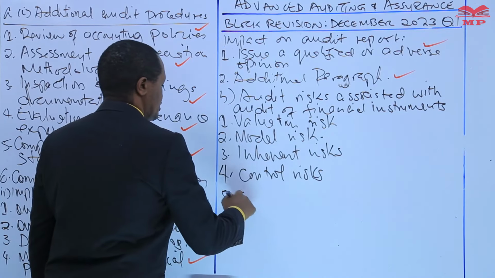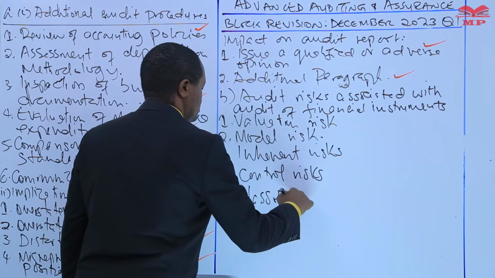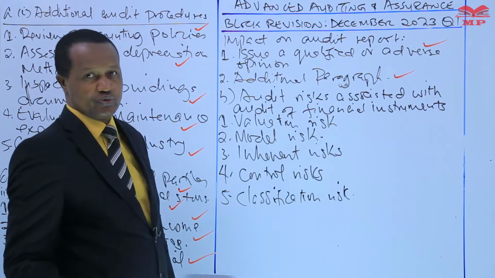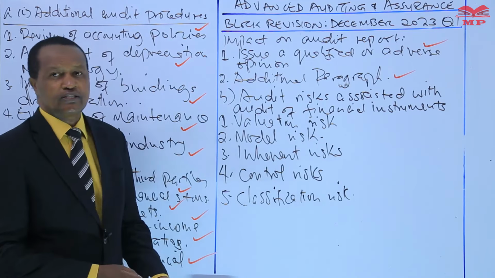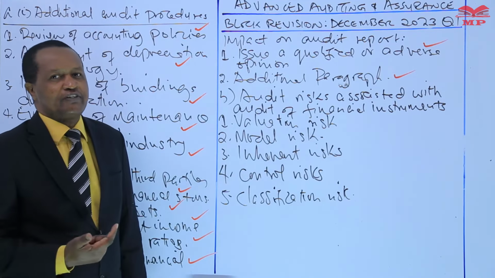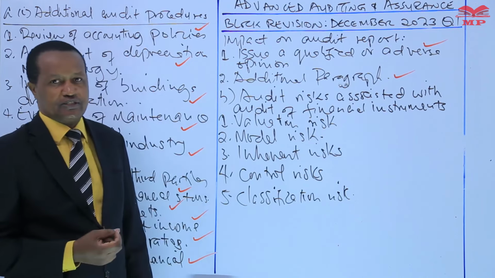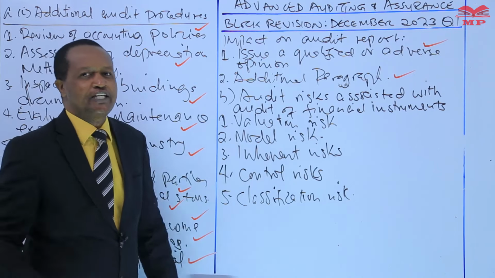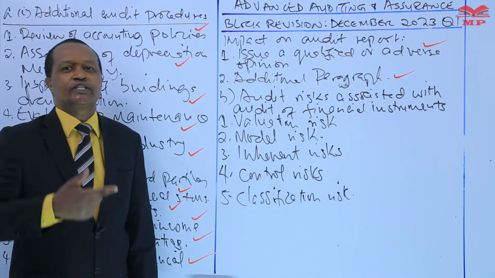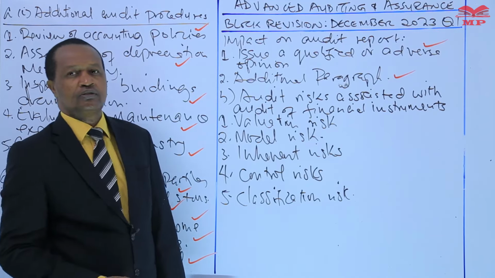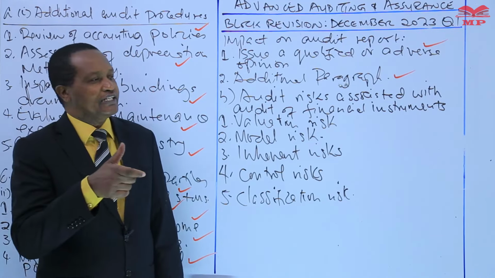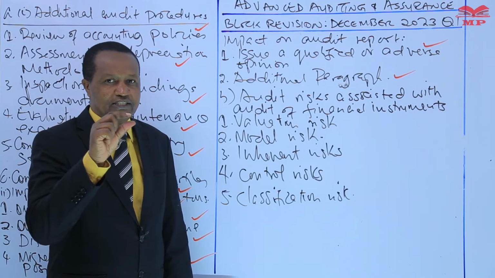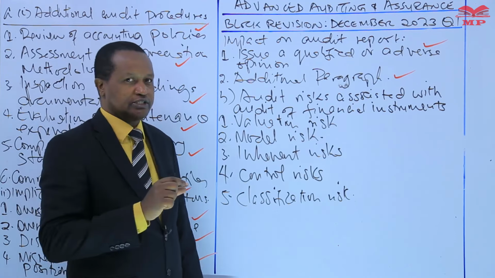Lastly, we have classification risk. There's also risk associated with classification. Financial instruments can be complex and may be incorrectly classified in the financial statements. This misclassification can have a significant impact on the reported financial position and results. So auditors need to understand the classification criteria, and they also need to test the company's classification processes.